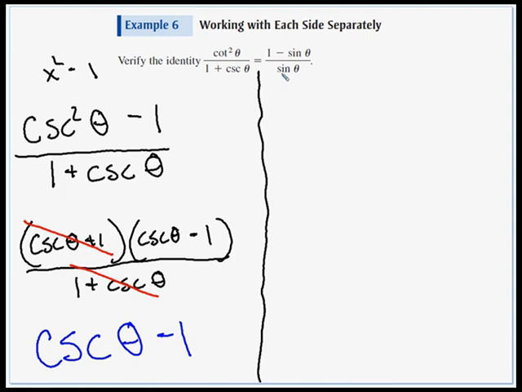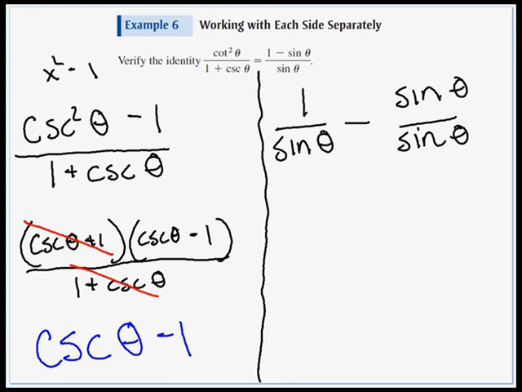There is nothing squared, so we're not going to use any trig or Pythagorean identities. We got a single term denominator and two terms in the numerator, so let's bust it up. Our numerator is 1 minus sine theta. We can break it into two separate fractions, and each of them has the same denominator, sine theta.